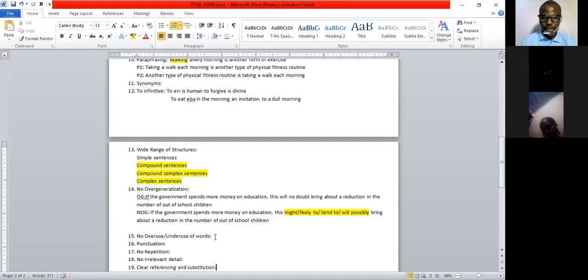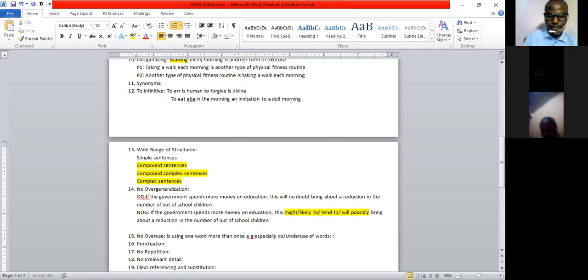Now, when it comes to overuse and underuse of words, let's take them one after the other. Overuse is using one word more than once, especially, what are these called now?